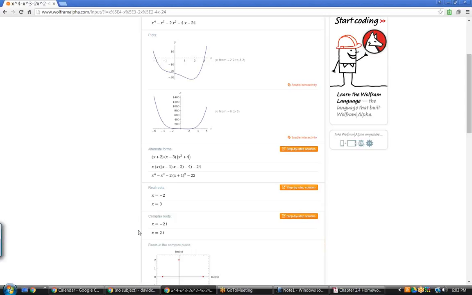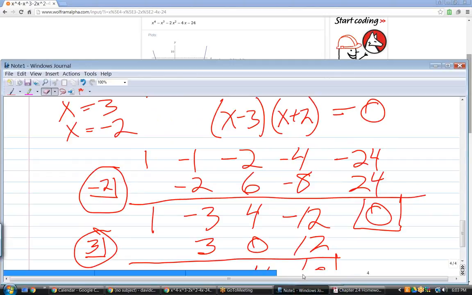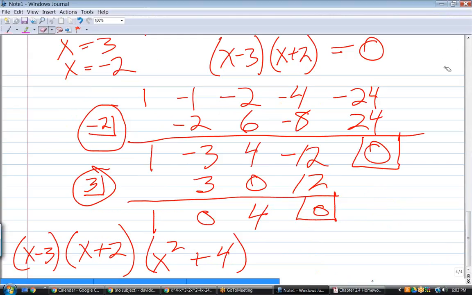And so we could have saved ourselves a lot of work by just multiplying these two factors or zeros back together again to come up with that irreducible quadratic. But I'm quite certain she wants you to do it this exact way, which is to divide by one of the zeros that we got off of our graph, divide that result by another zero that we got off of the graph, and you're left with the quadratic.